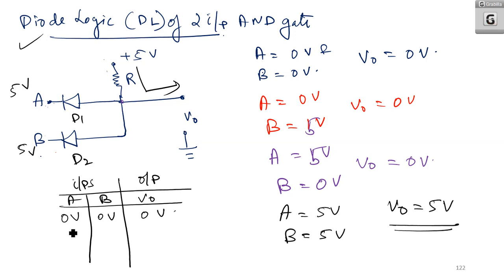If A is 0 volt and B is 1 volt, again the output is 0 volt. If A is 1 volt and B is 0 volt, the output is again 0 volt. Now, when A is 5 volt and B is 5 volt, then the output is 5 volt. Hope you have understood the concept of diode logic. So this is the basic diode logic of a 2-input AND gate.